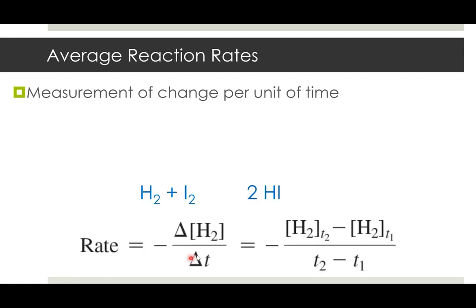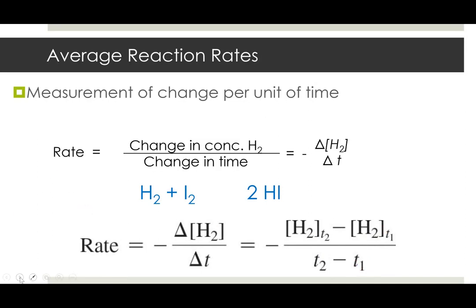So if I expand that a little bit, we're going to see final time minus initial time. So sometime later, sometime initially, we're going to subtract those two. And we're going to look at what was the concentration of hydrogen at that final time and what was the concentration of the hydrogen at that initial. So final minus initial, final minus initial. Okay, so that's just expanding this formula out a little bit.